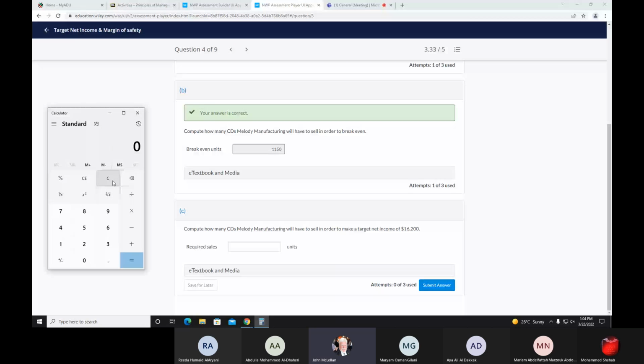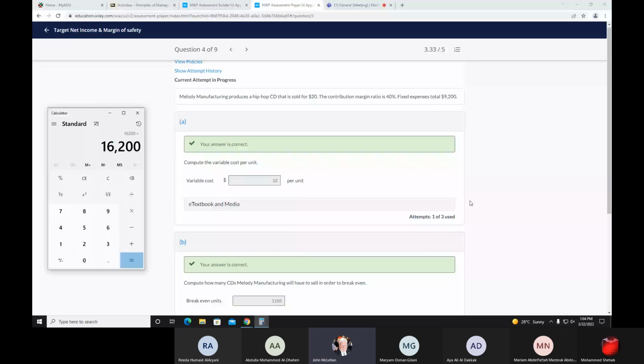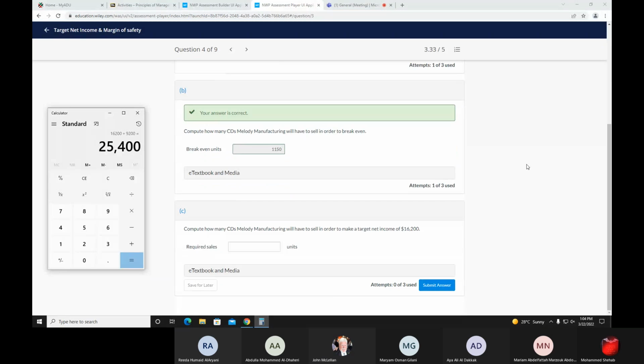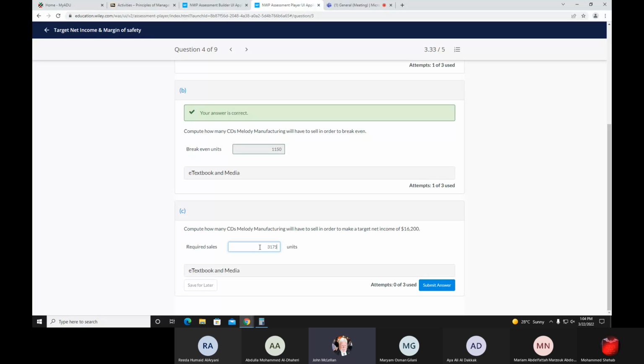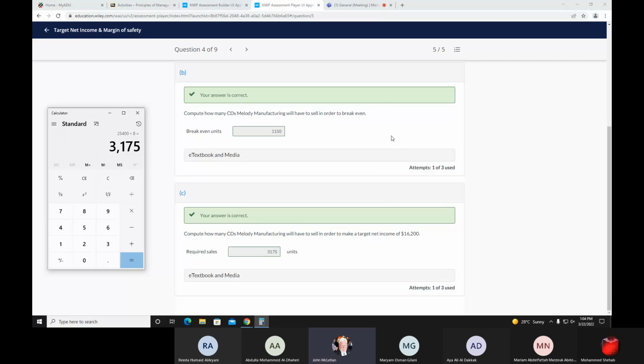And because they want the answer in units, you divide through by the contribution margin per unit. So the answer is 3,175. You added the fixed cost to that. Okay, any questions? Everybody got that?